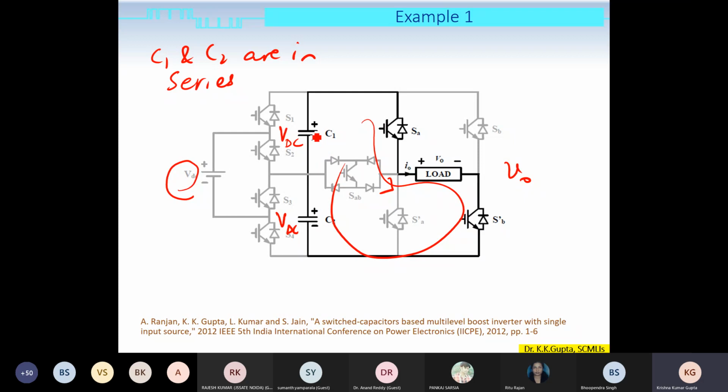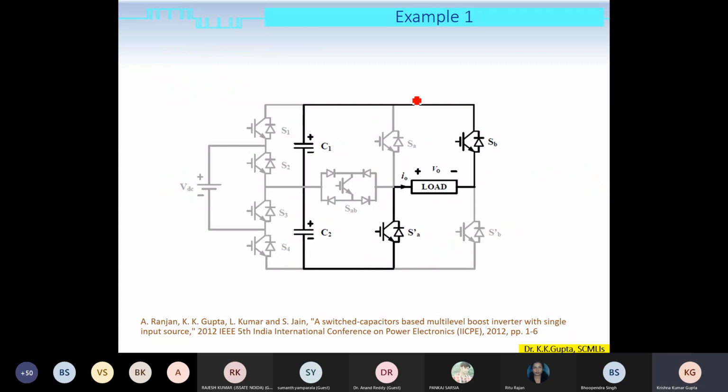Since C1 and C2 are in series, this total voltage is applied to the load. So the output voltage V0 is equal to 2 VDC. If we change the pattern of switching, the output voltage is minus 2 VDC.